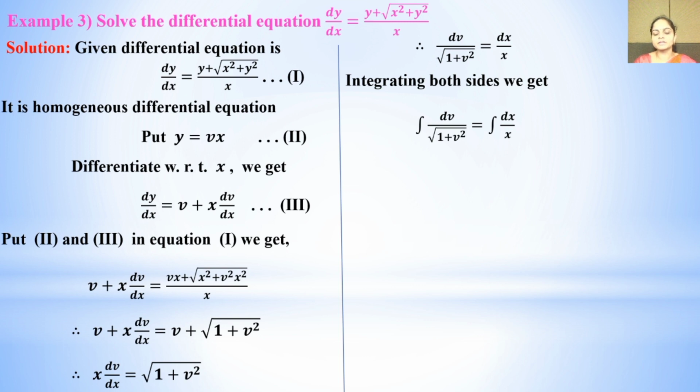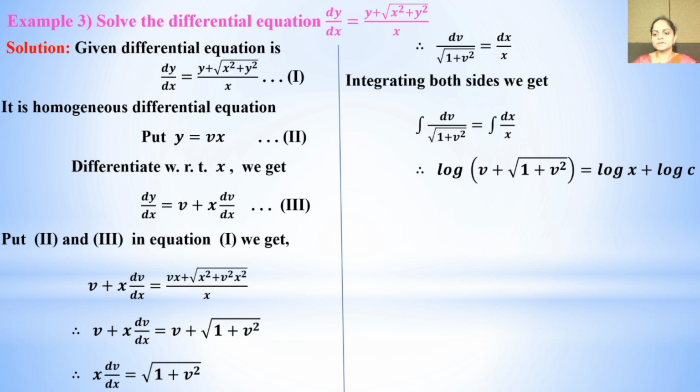Now we use these formulas in this equation, we get log of v plus root of 1 plus v square is equal to log x plus log c, because here both the terms are in the form of log, so we take the constant in the form log c.